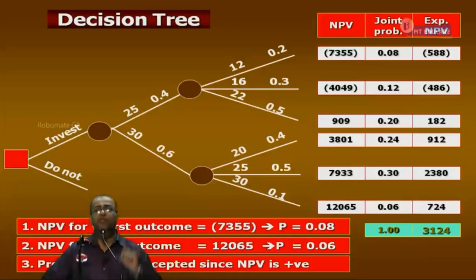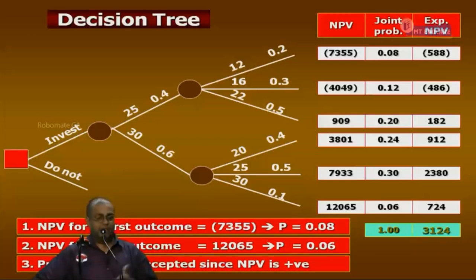Write down note. Point number 1. There are two types of probabilities. Branch it into two. First branch, cumulative probability.